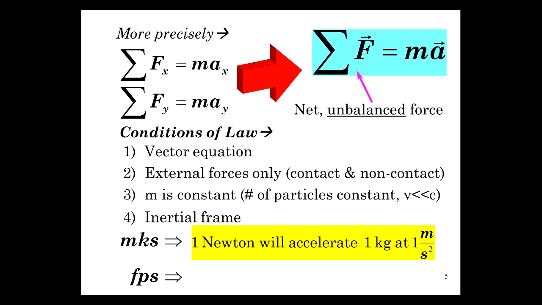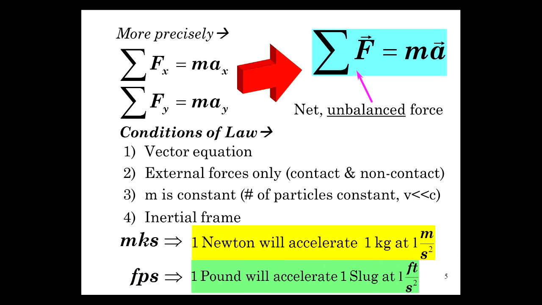So if I take a kilogram mass and put a Newton of force on it, it accelerates 1 meter per second squared. The foot-pound second British system: 1 pound will accelerate 1 slug at 1 foot per second squared. Yes, the term slug is an awesome term, so embrace it and never forget it.